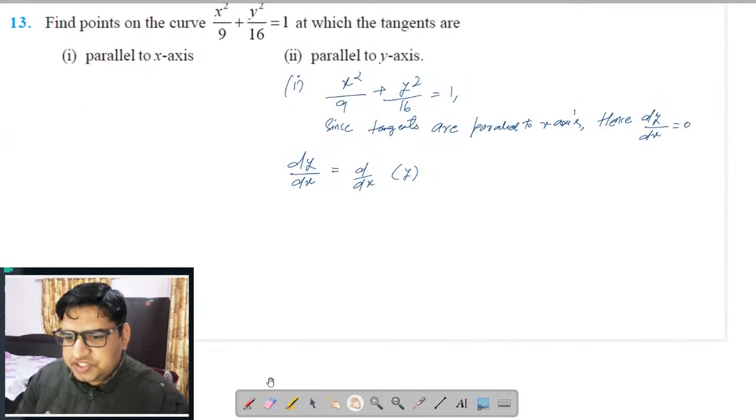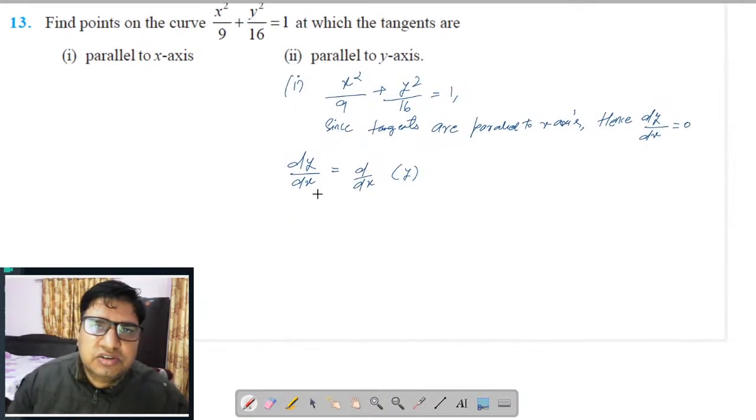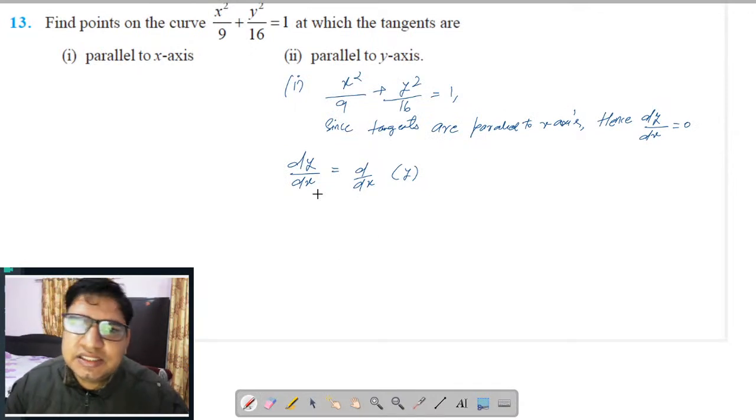We can differentiate it implicitly because this is not an explicit kind of equation. Explicit differentiation is possible when the equation is given in the form of y is equal to f(x). Implicit is when it is not given in this form, or x square and y square are combined together.